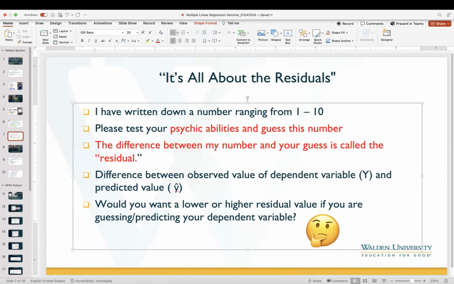And I always use the example of, let me see, I'm supposed to have some type of board in here, whiteboard or something. Give me a second. Let me see.